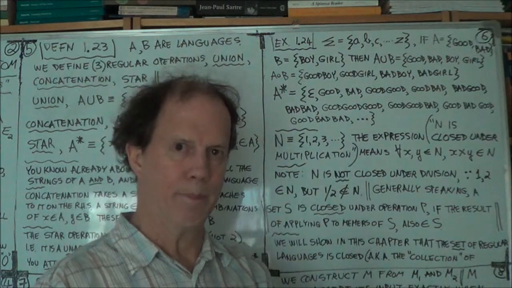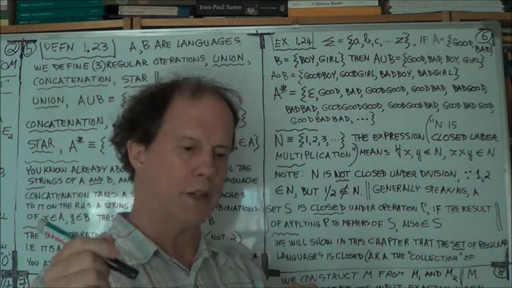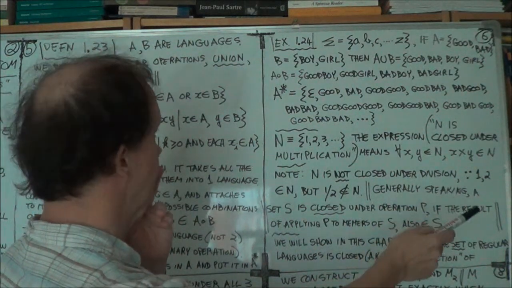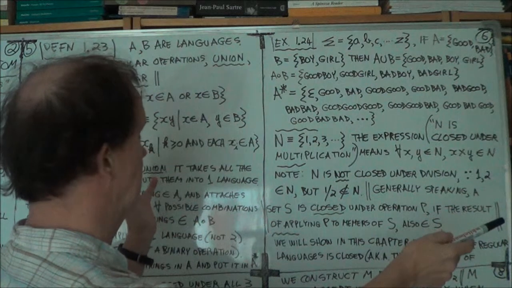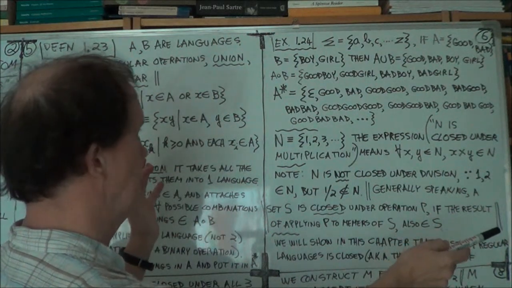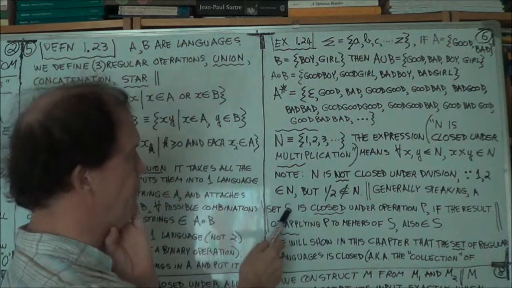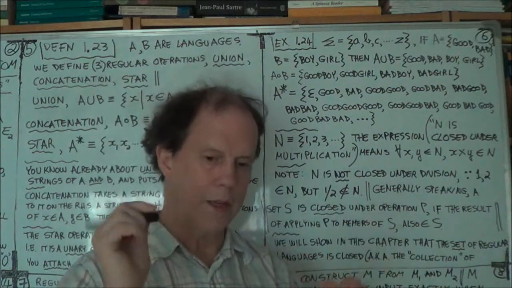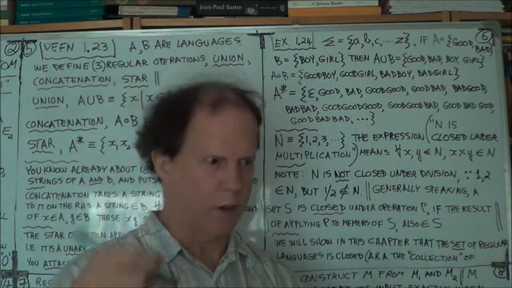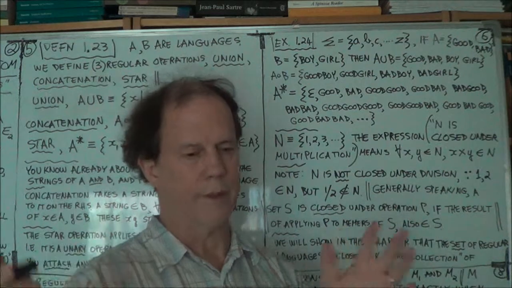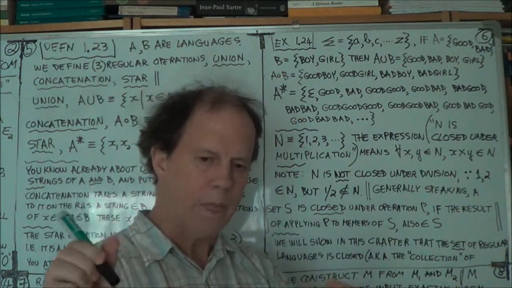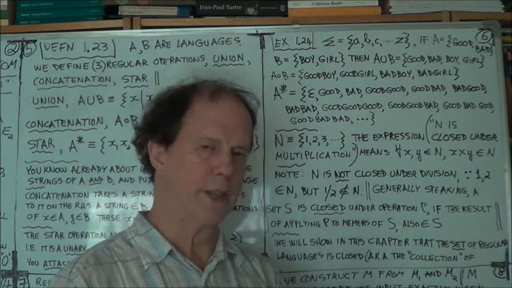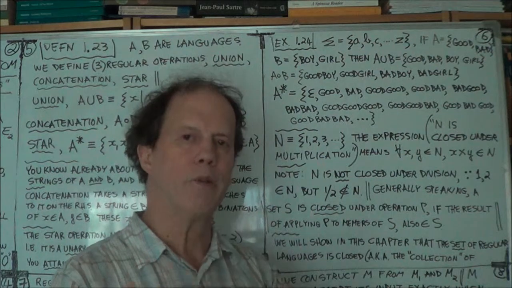Take some set and some operation. Let's call the set S, okay? And the operation is P, whatever it is. It might be take the square of, multiply by, whatever. So some operation P, you apply that operation on one or more members of your set S, and you'll get a result.